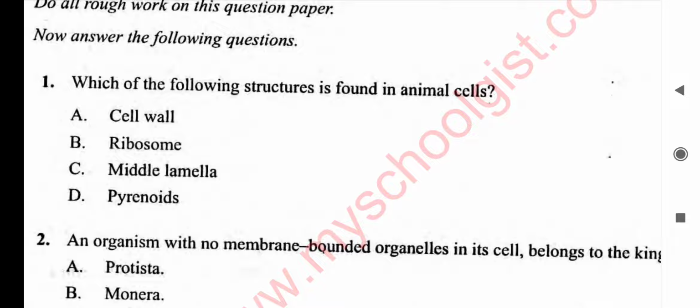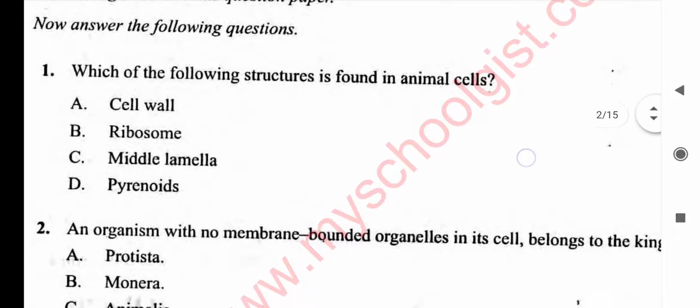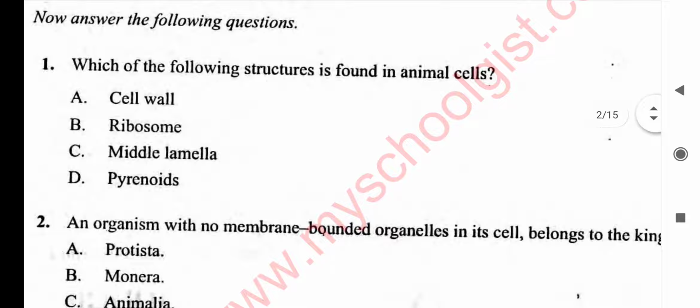B. Ribosome. Plants and animals need protein. Ribosome is a site for protein synthesis. C. Middle lamella. Middle lamella are structures that are found in the cell wall. So only organisms that possess cell wall should have middle lamella. Then pyrenoids. Pyrenoids are found in chloroplasts, and chloroplasts are found only in plant cells.